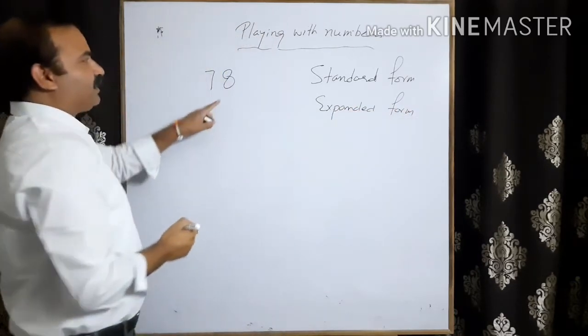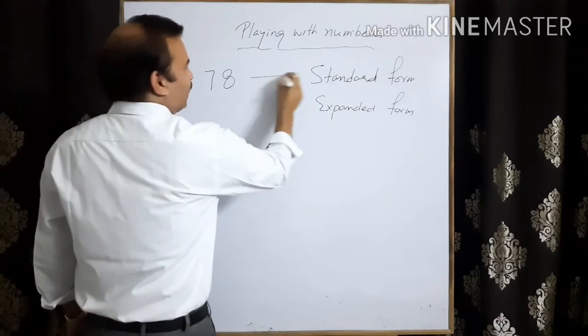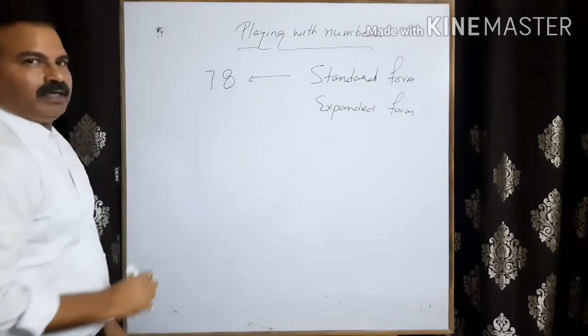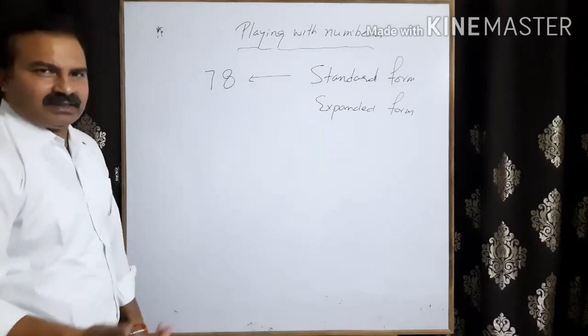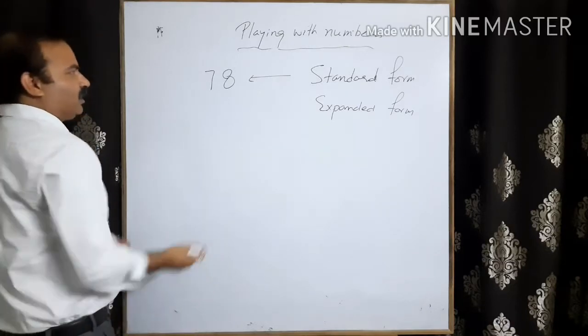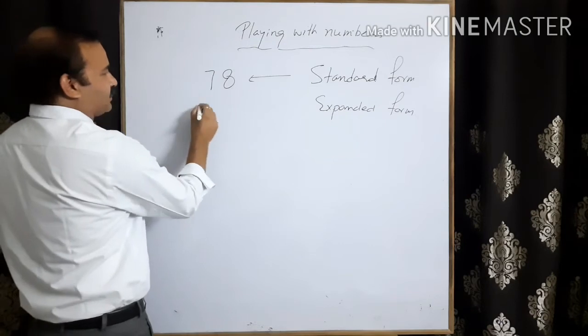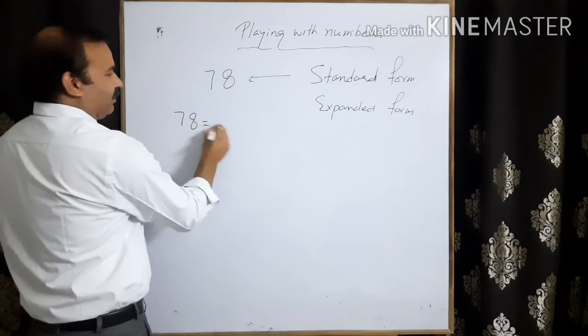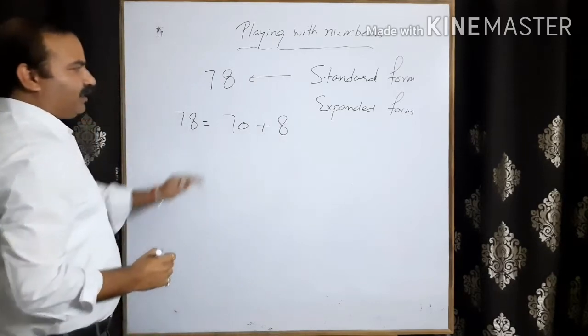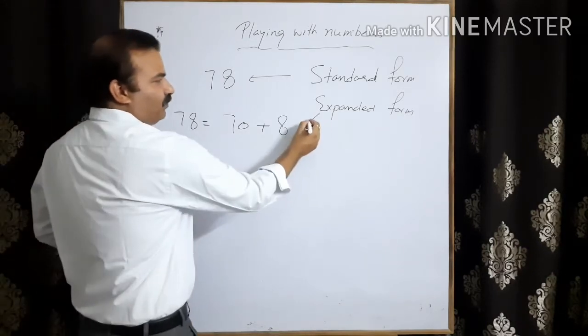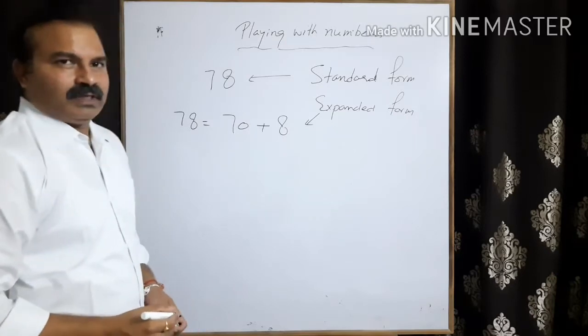Now, this number 78 is the standard form of a number. If I have to expand this, which you people have learned in your junior class, like third or fourth, this number 78 can be written as 70 plus 8. This is the expanded form of a number.